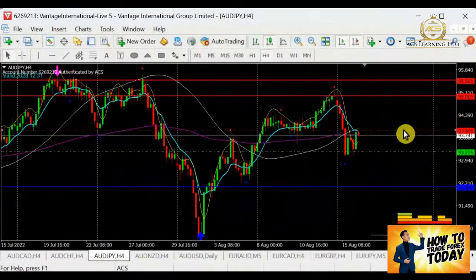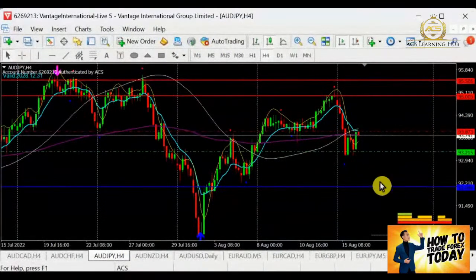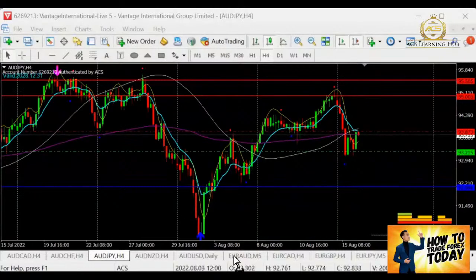If this resistance is going to hold, we can see that Aussie yen will still have a good chance to sell, maybe today or maybe tomorrow. So we can still pay attention to this. I'm going to put this into my selling list. Aussie yen over here, I'm going to sell.